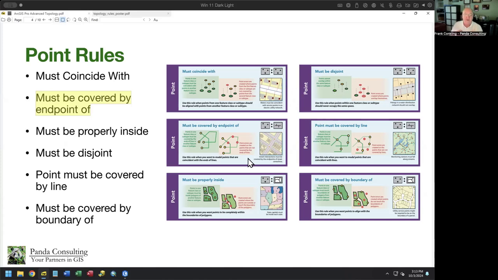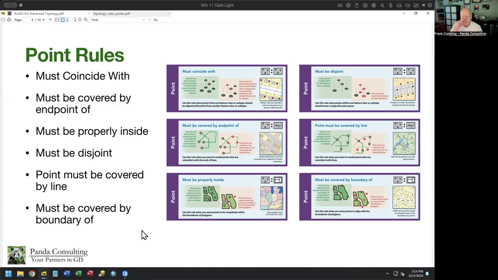How do they relate to lines? Are they on the endpoints of the line? Are they on a line at all? That's what these two middle rules are. And then finally, as it relates to polygons, are they properly inside? Are they completely inside, or are they on the boundary? And those that are not are just identified as errors on here.